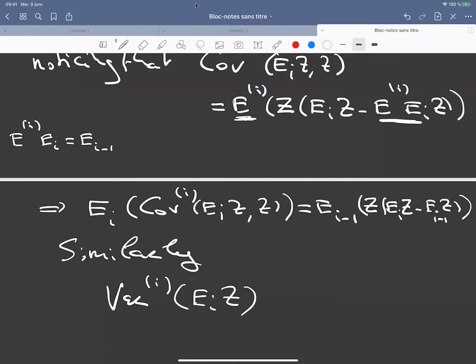Like that. You compute it explicitly using the same kind of argument as before, and you get exactly the same formula. That is A minus 1 Z minus 1 Z. Okay, so this shows that the formula star is true.